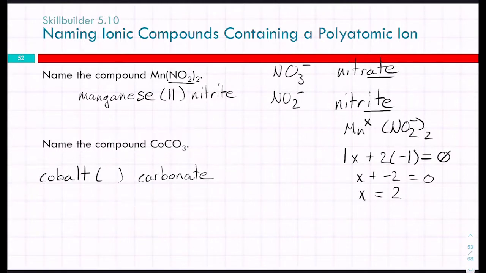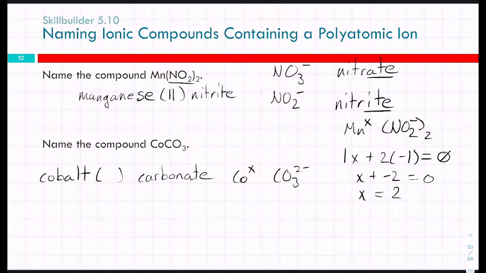And it's important to point out that this would not be cobalt carbide, because carbide would just be C, with however many carbons that would be. So the IDE versus the ATE tells you that it's something different. So carbonate has a 2 minus charge. Cobalt has the charge that we want to determine.